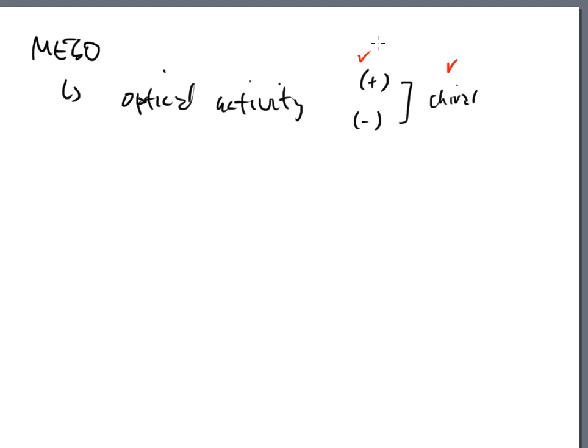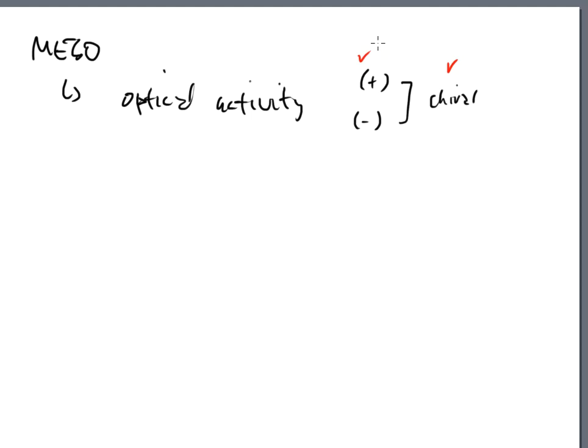I mean, I just spent tons of time making videos telling you that chiral centers will give you R, they will give you S, and if you put it in a polarimeter, you'll get a positive or a negative. And now all of a sudden, toward the end of this lecture module, I'm going to say, nah, that doesn't happen every time. Sorry. You're going to strangle me right now.